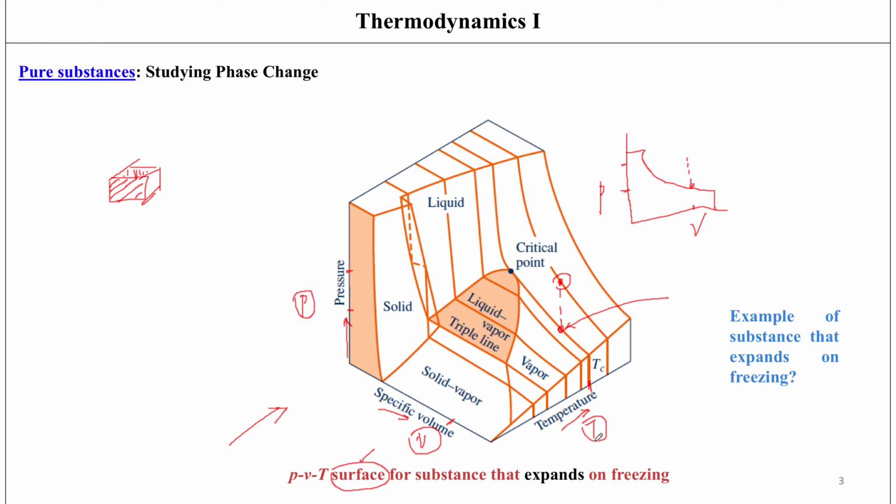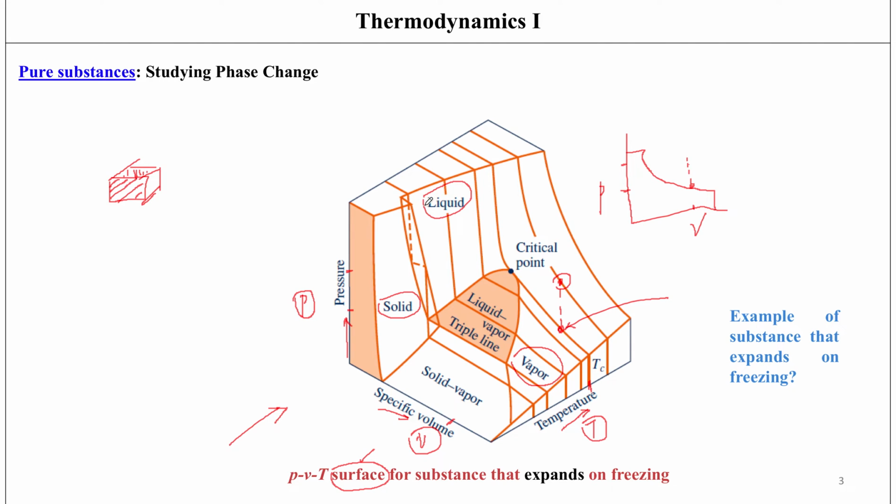Okay, so now let's identify the different regions that exist on this PVT surface. We're looking at water, so we have three different phases in which water can exist. We've got the vapor phase over here, we've got the liquid phase over here, the liquid region, and then the solid region over here. Okay, so let's just look at this liquid region first.